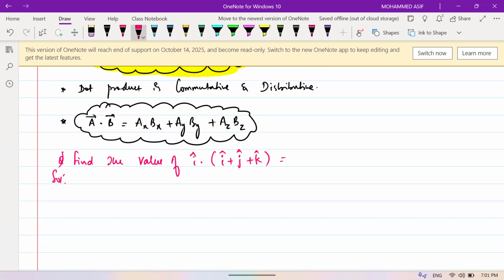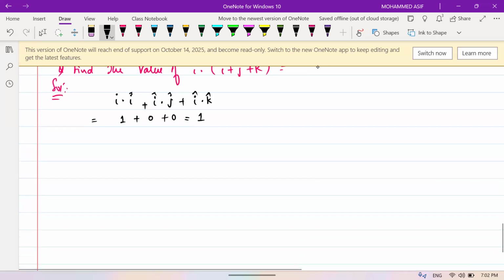Just multiply it: i cap into i cap plus i cap into j cap plus i cap into k cap. Dot product is distributive. i dot i is 1, i dot j is 0, i dot k is again 0. So the answer is 1. Am I clear? Yes, sir.